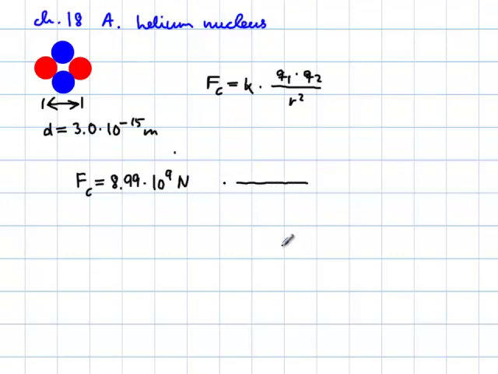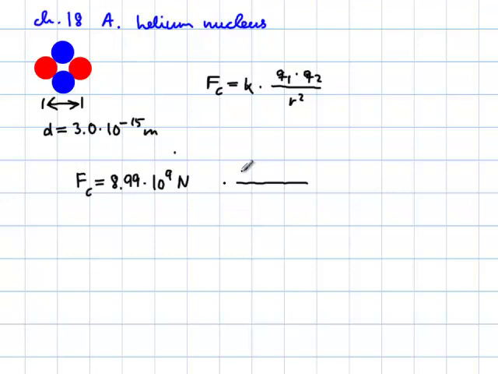Times the charge of one proton, look it up in the book. Top of my head, 1.67, right? Nope, that's the mass. Sorry about that. I ought to have it memorized. Oh, 1.602, of course.